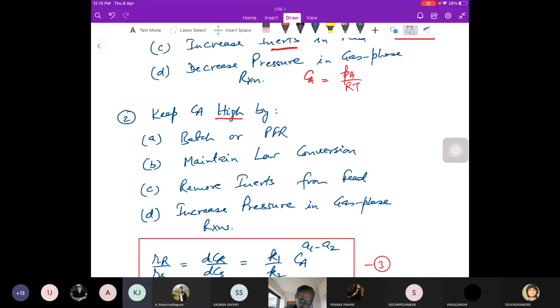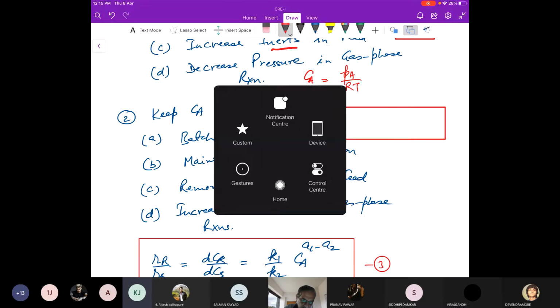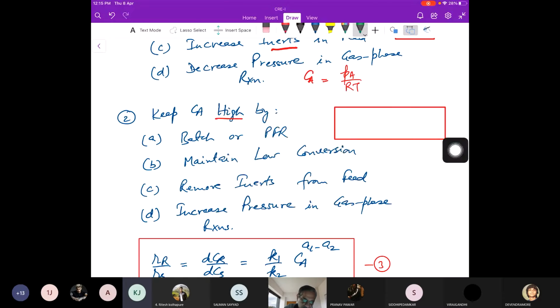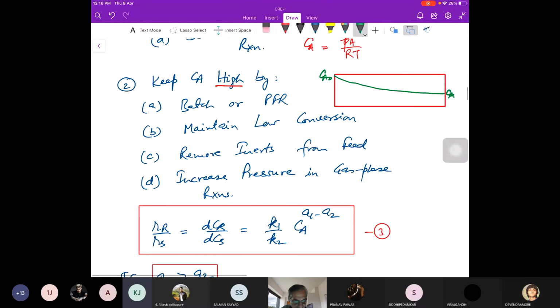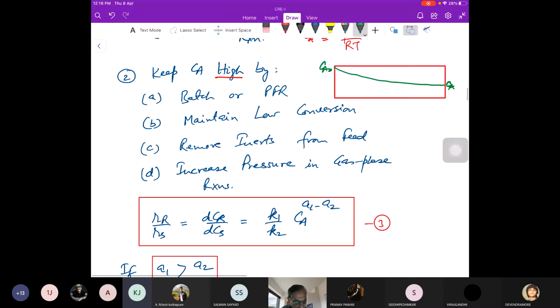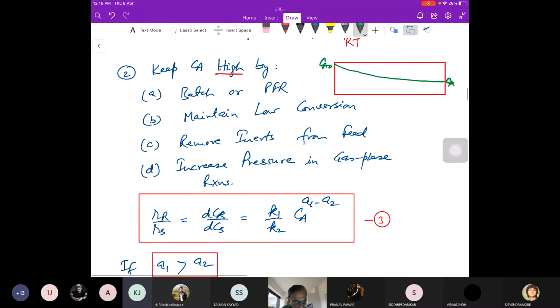If I take a PFR and plot concentration, it is always decreasing like this, from Ca naught to Ca, whereas in an MFR it directly becomes Ca. So high concentration is achieved in a batch reactor or PFR; the performance of batch and PFR is similar. That is why you can use batch or PFR.